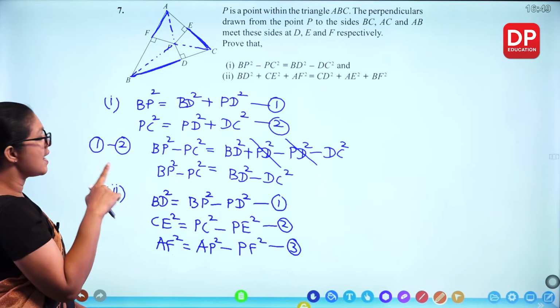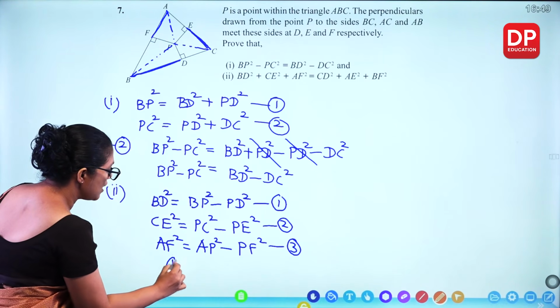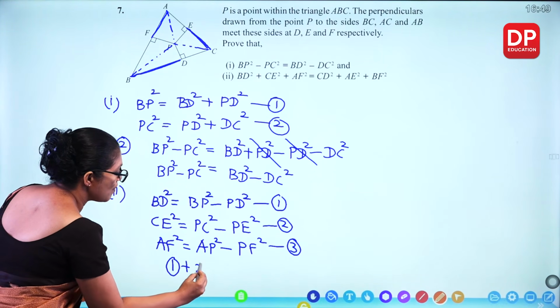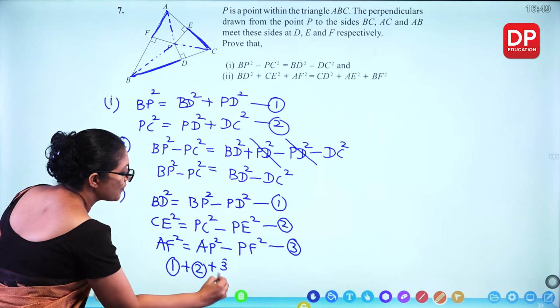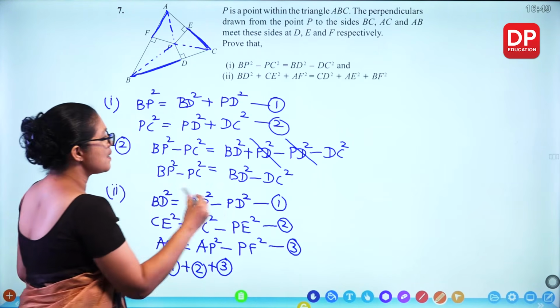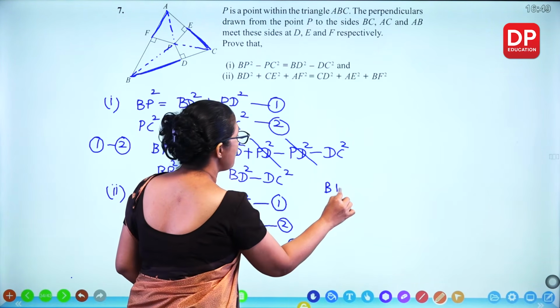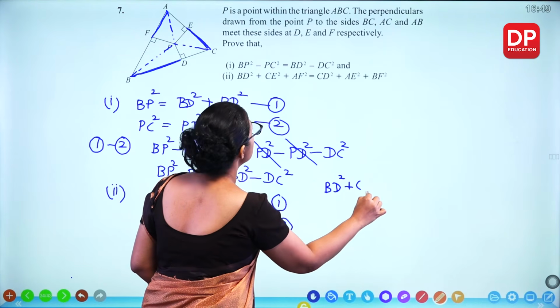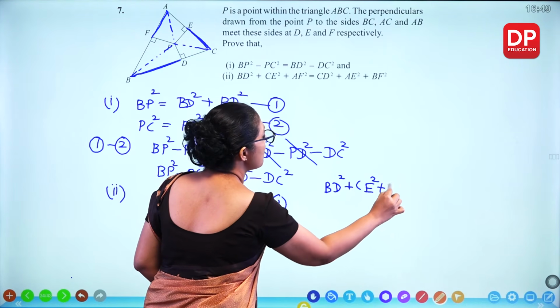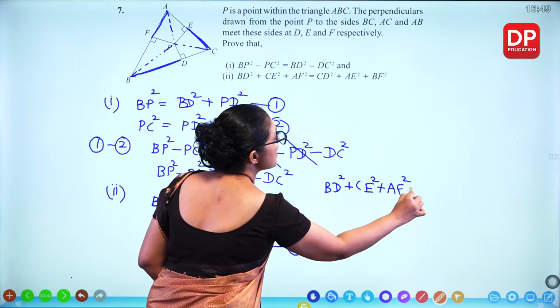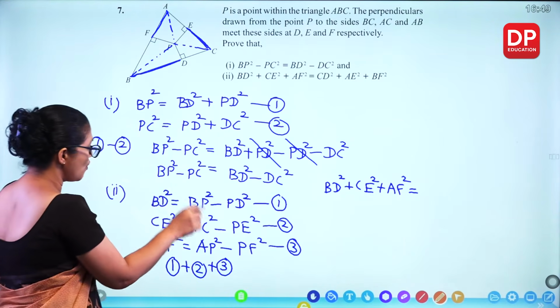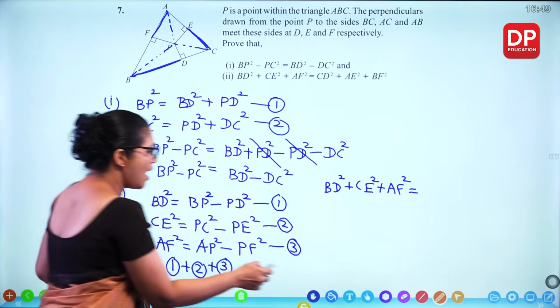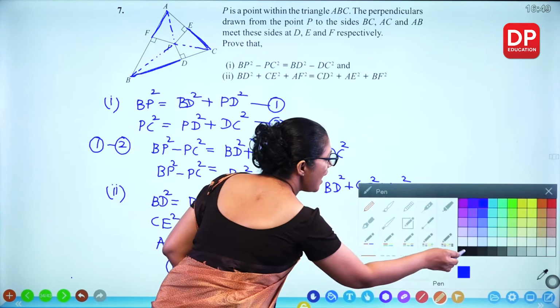Now the left hand side is all addition, so I'm adding 1 plus 2 plus 3. And we'll see what happens. I'm getting BD squared plus CE squared plus AF squared. That's the left hand side of the equation. Now look carefully and see how we can add these two.